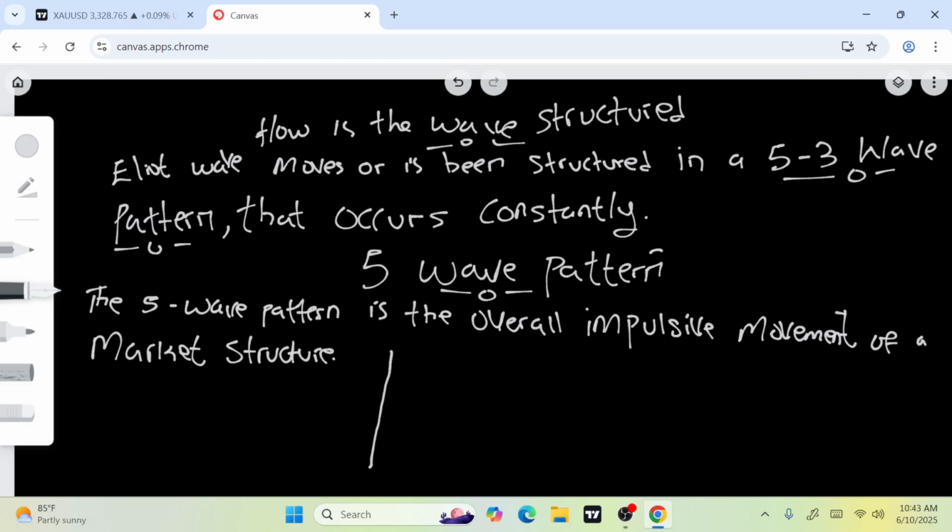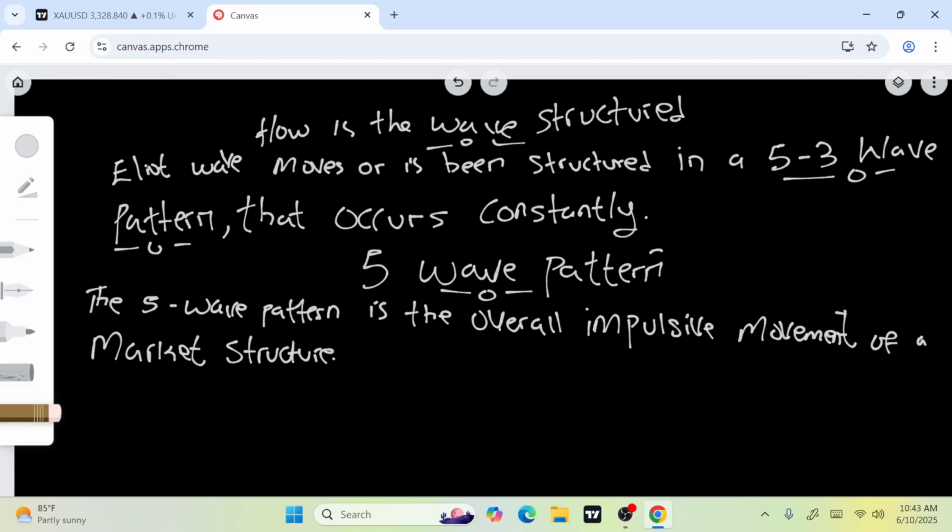Wave inside, which is what? 5 wave in between. 1, 2, 3, 4, 5. Are you following? So that is why you will see this as an overall impulsive, but in a smaller fractal, there's a 5 wave inside it. Now let's continue. Do you all get this? Great.